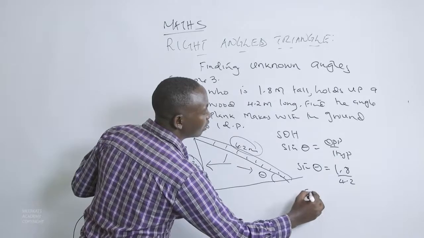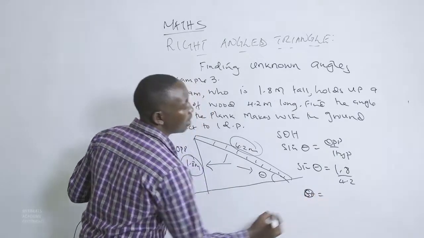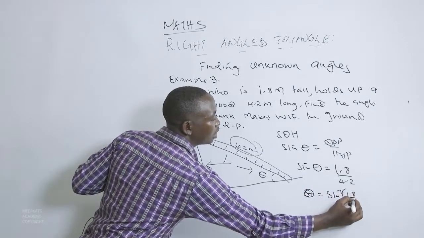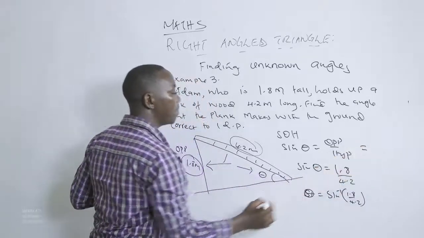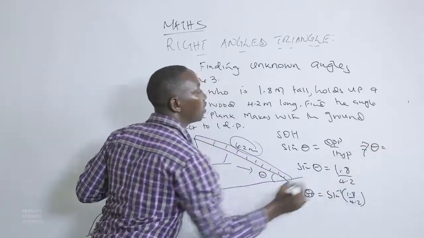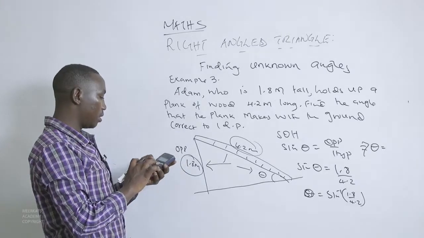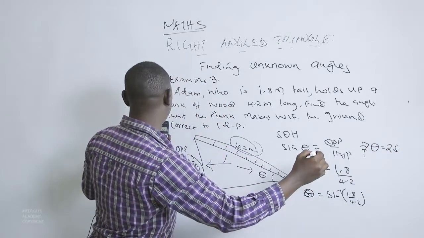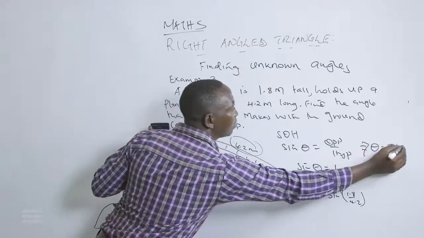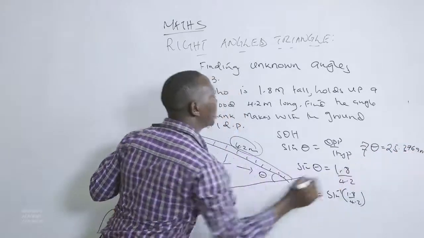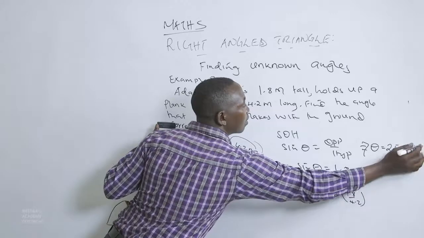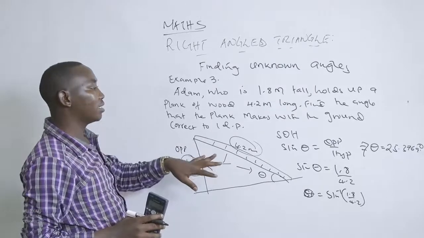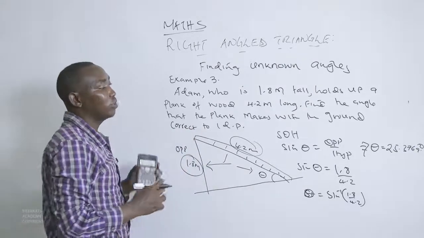1.8 divided by 4.2 will be 0.42857, and therefore for us to get theta we must get the sine inverse of 1.8 over 4.2. That will give us that theta shall be 25.3769 degrees, and we have been told to write it correct to one decimal place.